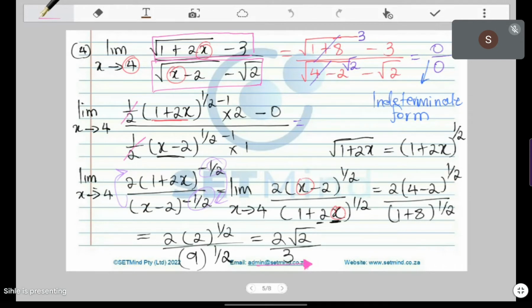We don't differentiate the function as one function. We differentiate the top, differentiate the bottom, not combine them as one.